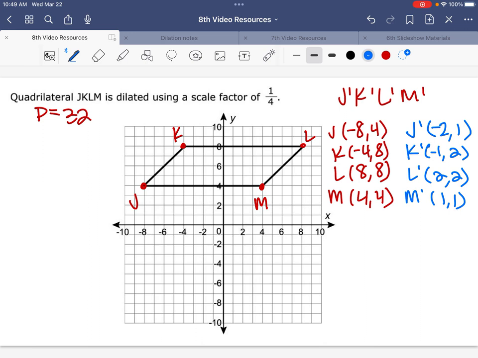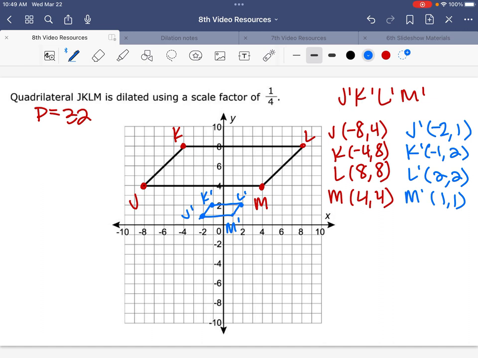So now we are going to go and graph it. There's J prime. There's K prime. L prime is at 2, 2. And M prime is going to be at 1, 1. So I know the perimeter of the bigger parallelogram is 32.